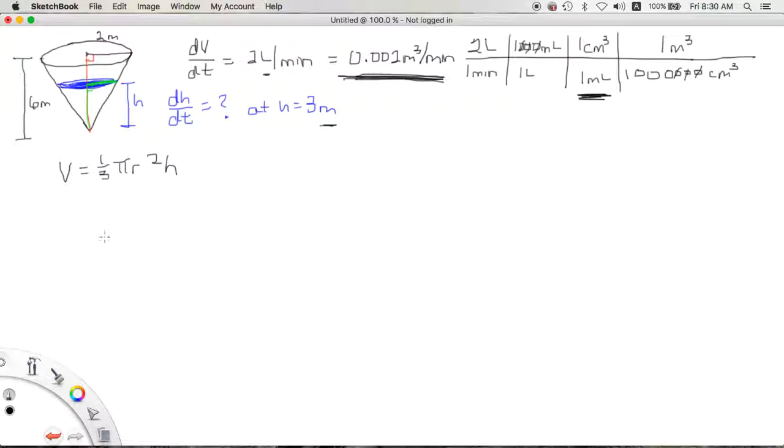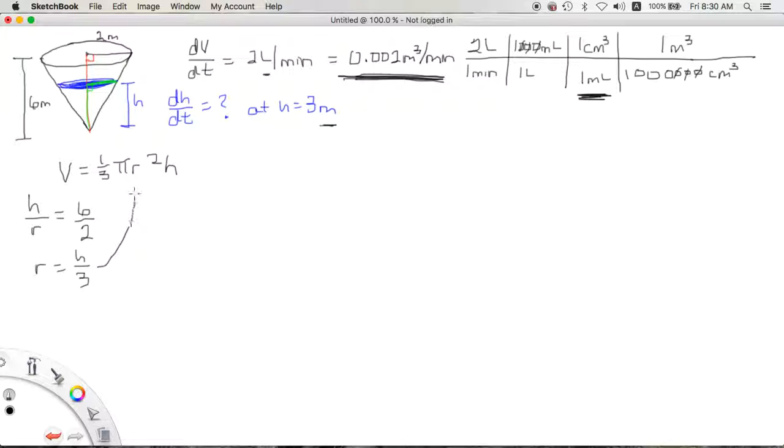And if you recall from geometry, you can set up a ratio where the height of the little triangle over the radius of the little triangle equals the height of the big triangle over the radius of the big triangle. So what this means is the radius is the height over 3, if you cross multiply and figure that all out.